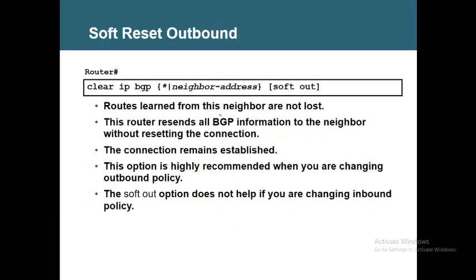So we do soft reset. Clear ip bgp star soft means that to all the BGP neighbors, the information will be sent once again. This is a highly recommended option because it is not disruptive.